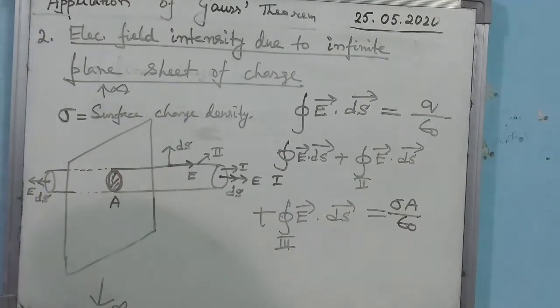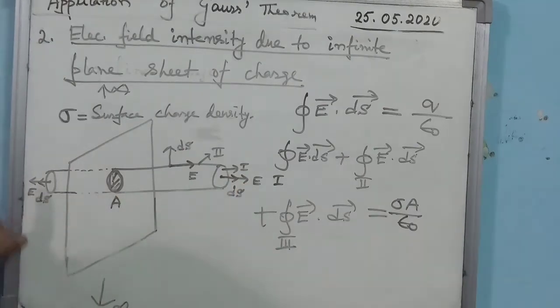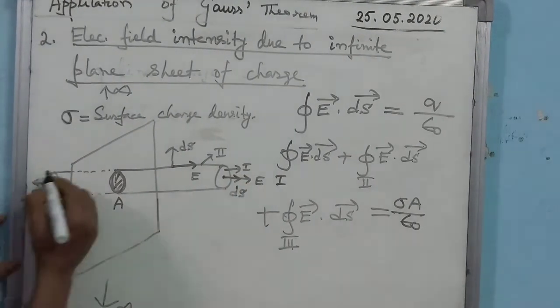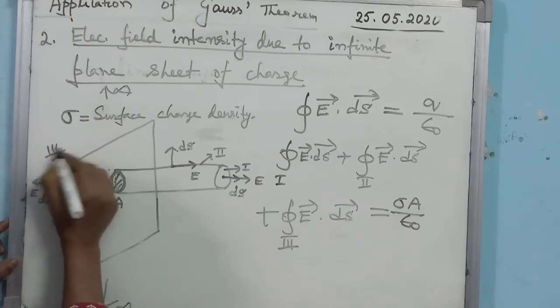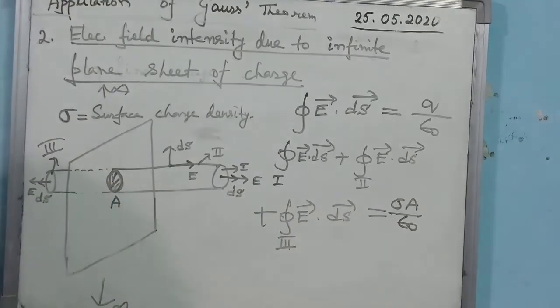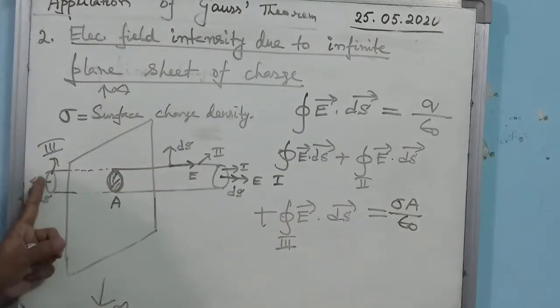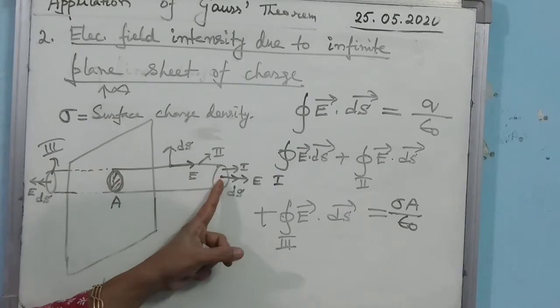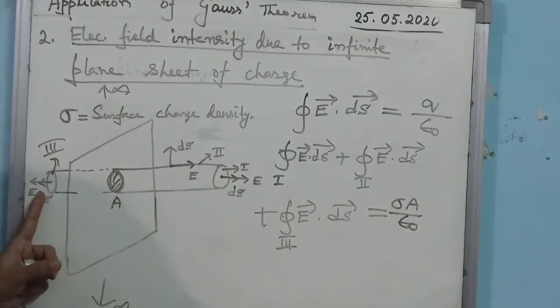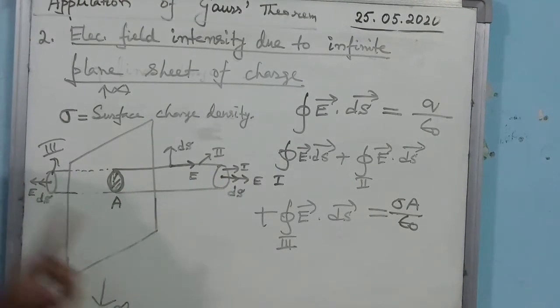Now look at the diagram. For the first surface and for the third surface, this is the third surface. For the first and third surface, E dot ds is equal to E ds. Alright. And if you look at the diagram, from the symmetry of the diagram, it is clear E dot ds for this surface and E dot ds for this surface will be the same.